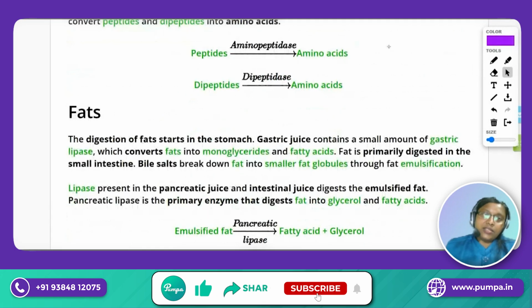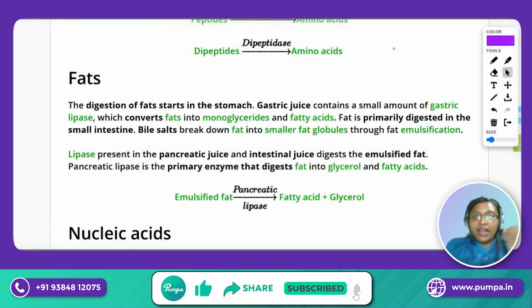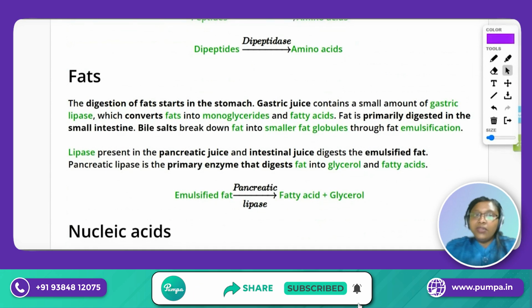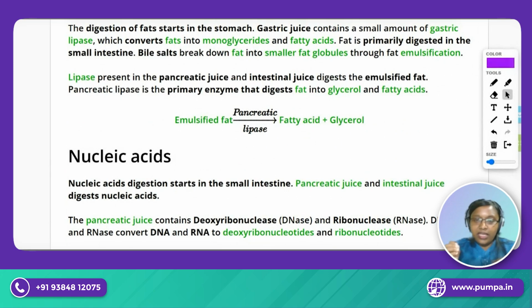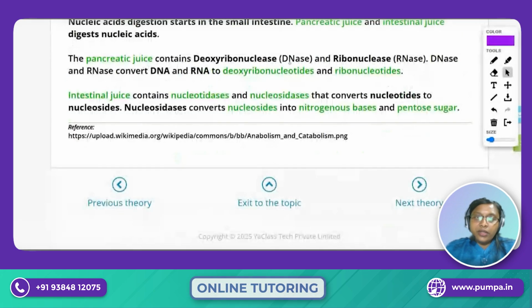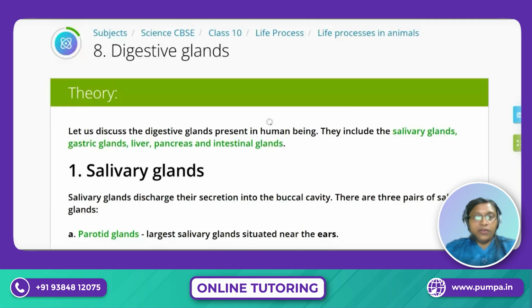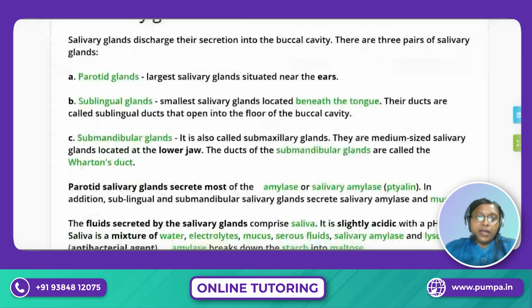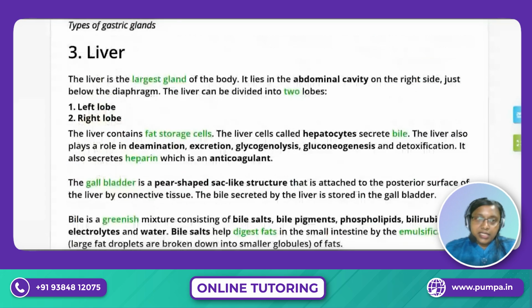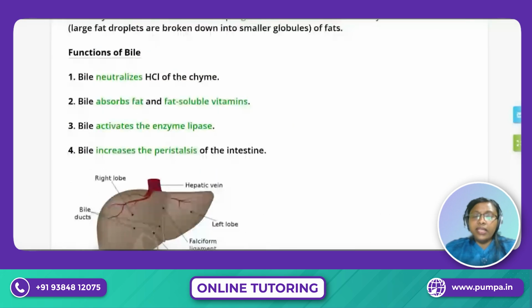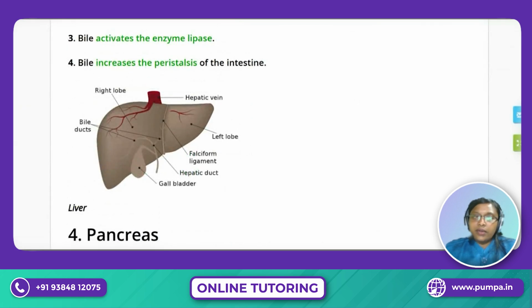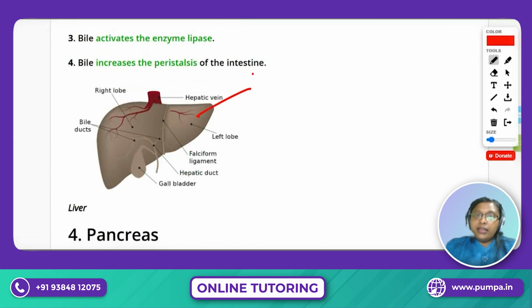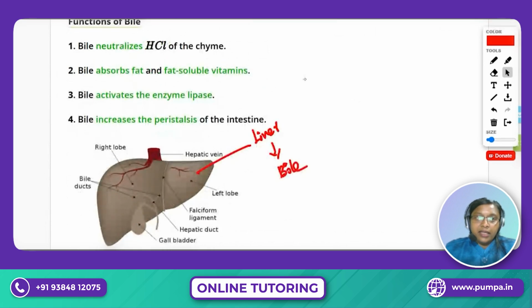Next, we will learn how fat digestion happens. It is very simple to learn. Look at this image. This is the liver, and the liver produces bile.